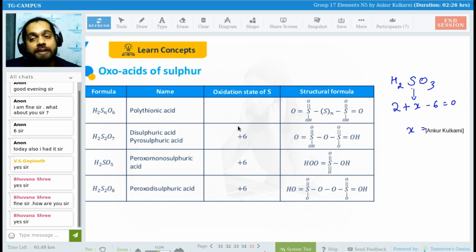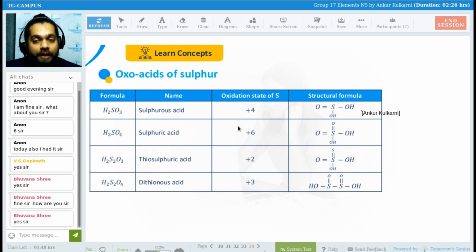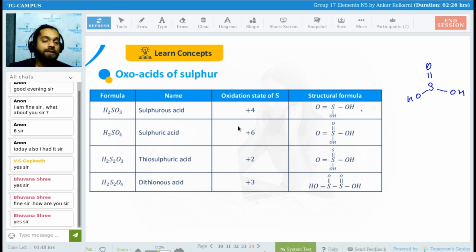So X minus 6 goes that side, plus 6 minus 2, X is plus 4. So the oxidation state is plus 4. Now look at the structure: S, double bond O, OH, OH. That is H2SO3.